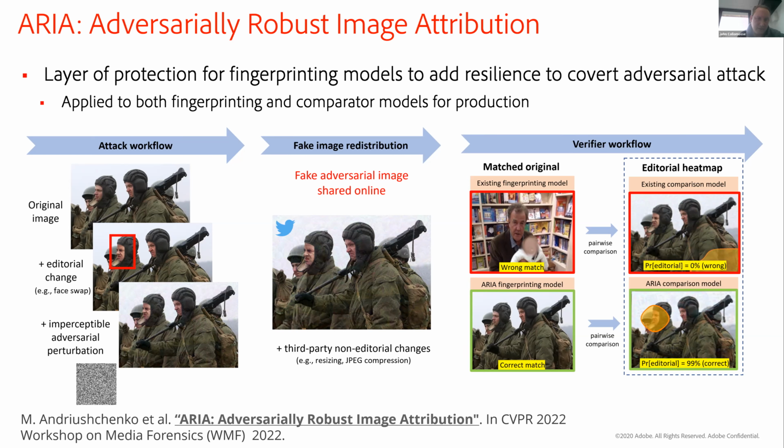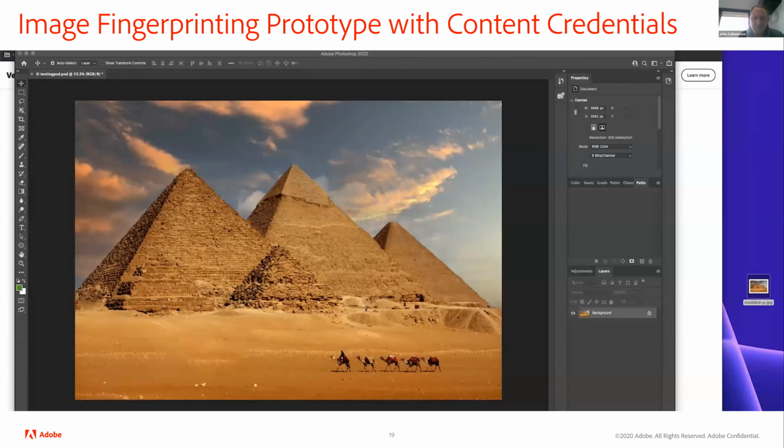So you can see here a workflow where you might have an original image subjected to some editorial change, but then the attack here would be that an attacker might introduce some imperceptible noise that nevertheless makes that image hash back to a non-manipulated image, an original image, or indeed might make it hash to a completely different image. And we can defend against those circumstances.